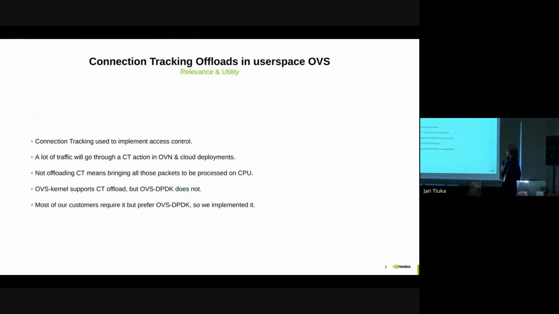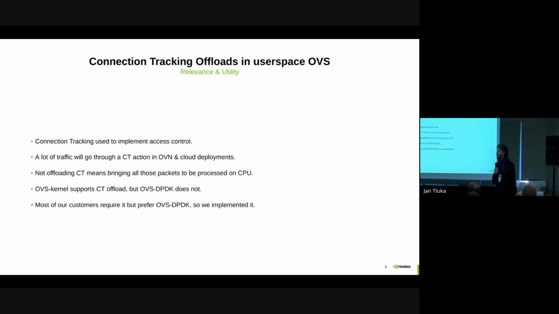Okay, so connection tracking offload. In general, connection tracking is used to implement access control and security groups in OVN. So as a result, there is a lot of traffic that will go through ConTrack in OVN and cloud deployments.